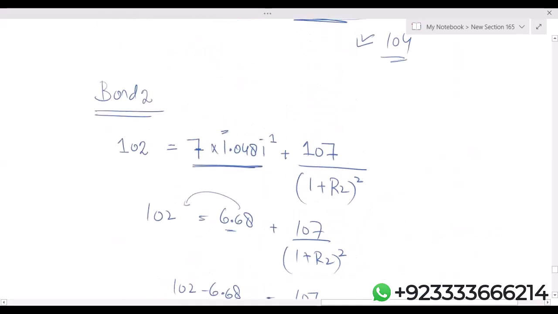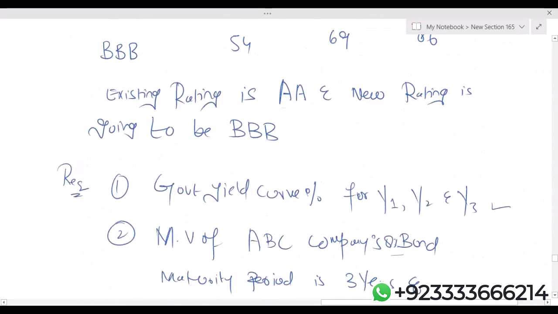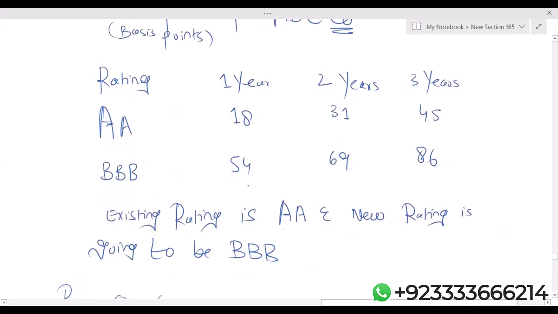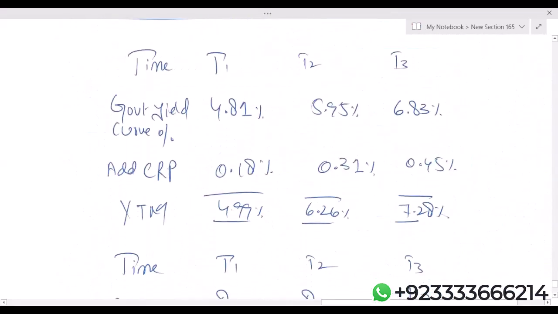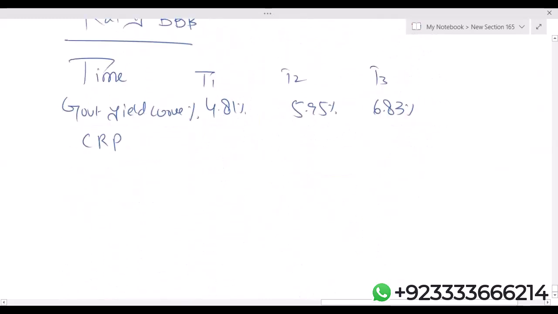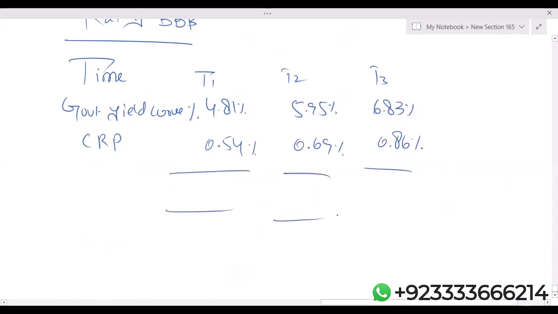Credit risk premium, students, it is 54 basis points, 69 and 86. 54 means 0.54%, 69 means 0.69% and 0.86%. I'm getting 5.35%, 6.64%, and 7.69% YTM.